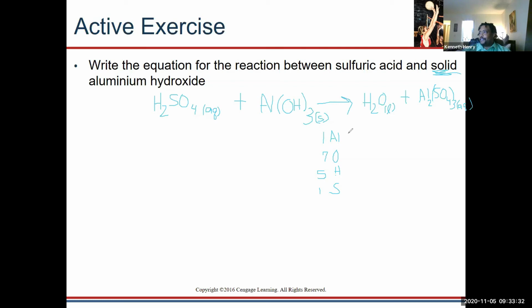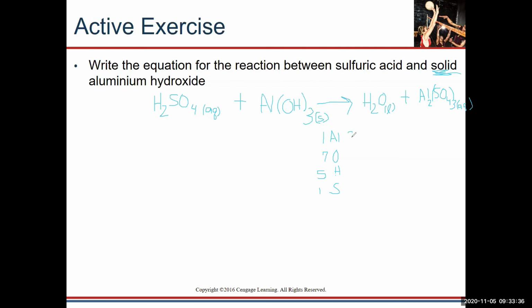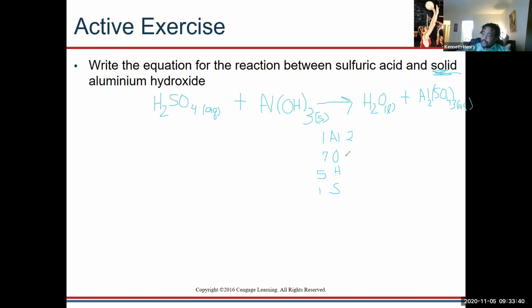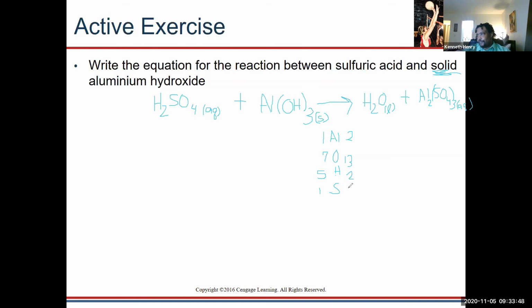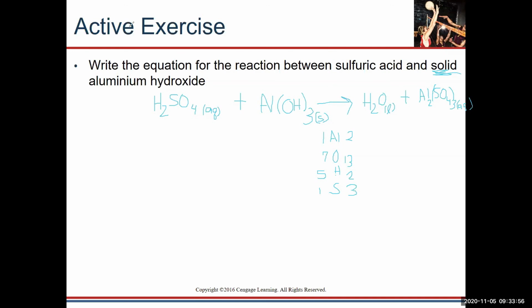Okay, product side, 2 aluminums, oxygens, 13, hydrogens, 2, 3 sulfurs. Okay, is it balanced? No. Okay, so what do I need to do to balance it?